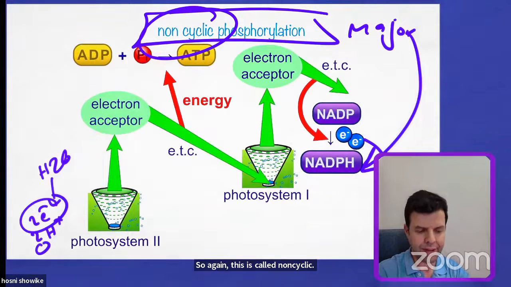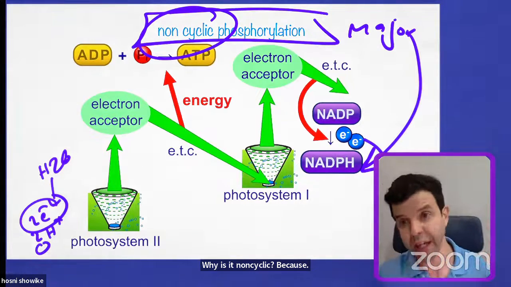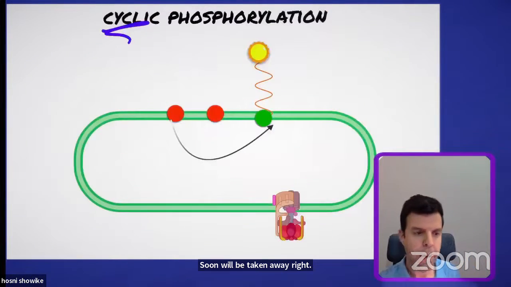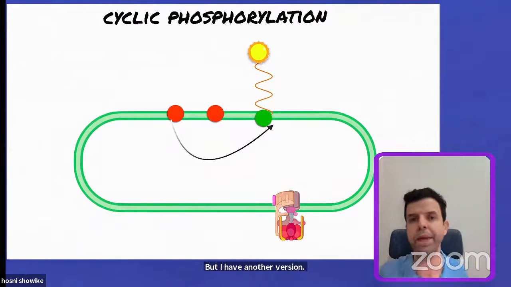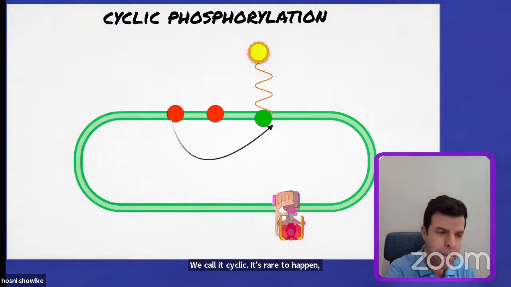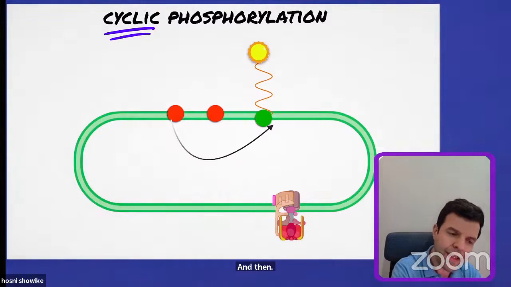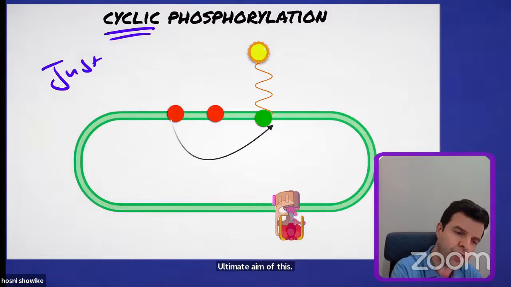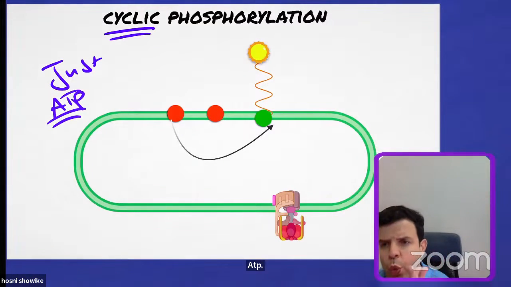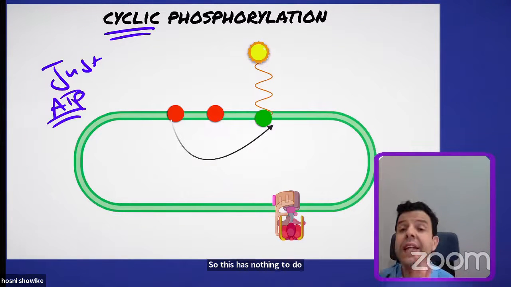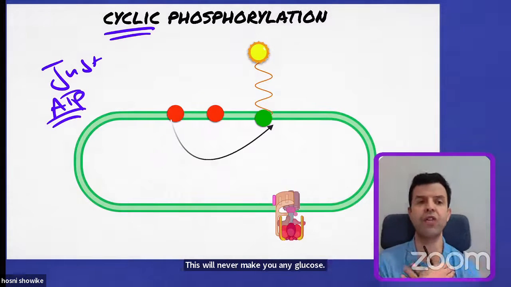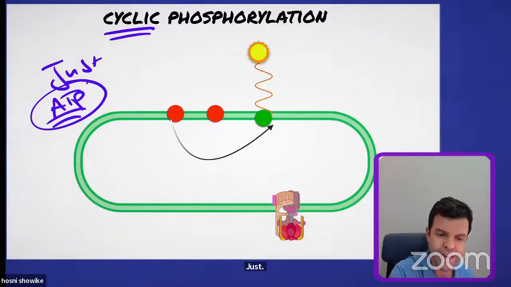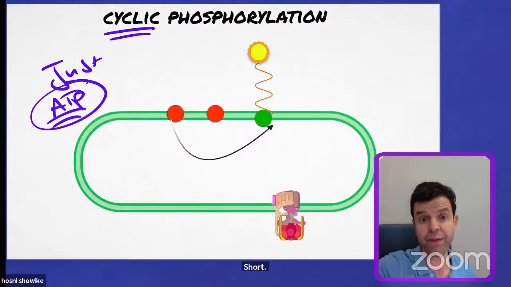Because the electrons soon will be taken away, right? With the NADP. But I have another version. We call it cyclic. It's rare to happen, but it does happen. And the ultimate aim of this is just to make ATP. So this has nothing to do with making of NADPH. This will never make you any glucose. Just if the plant is short of ATP, it would do this particular cycle.